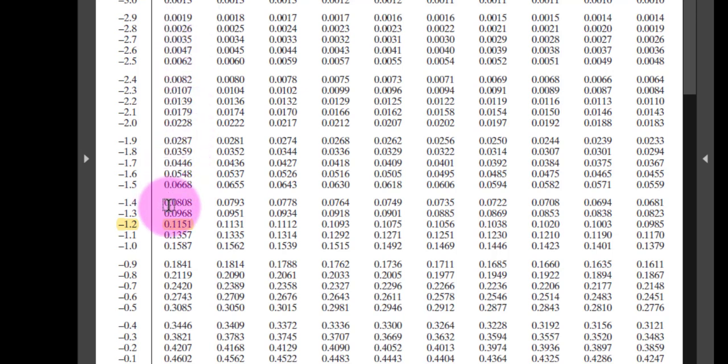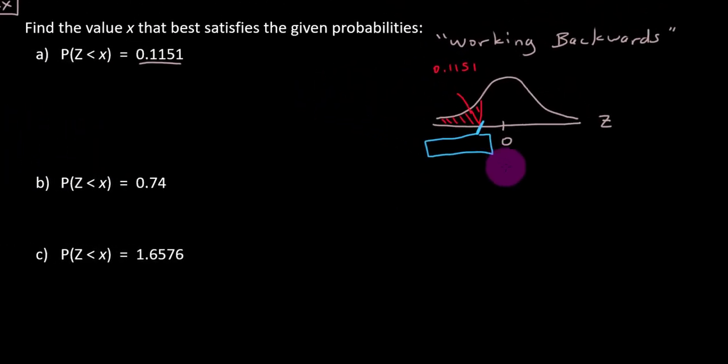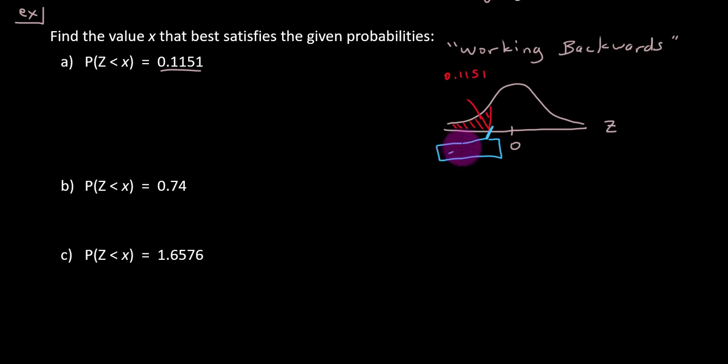So the corresponding tick mark would be negative 1.20. Let's write some of that down. Our answer is negative 1.20. I don't need to write that 0, but that is our answer for x, negative 1.2.